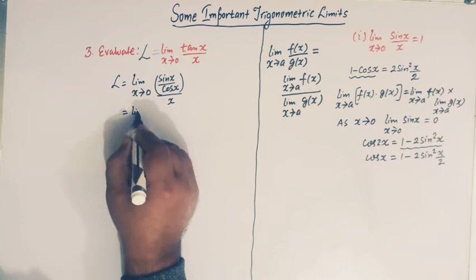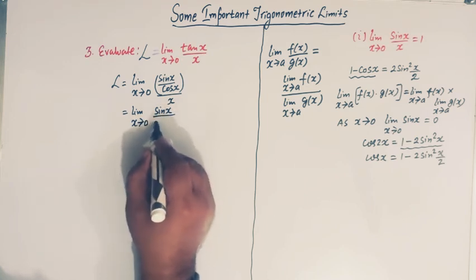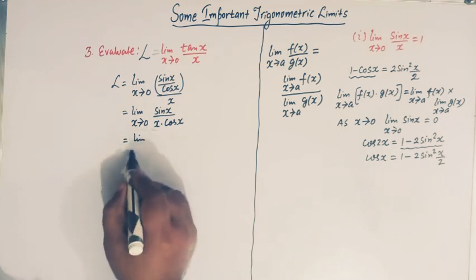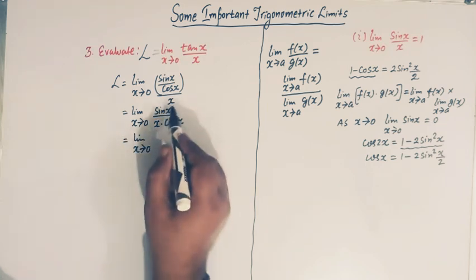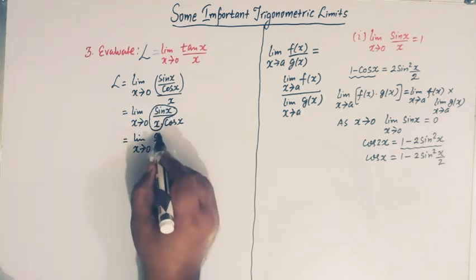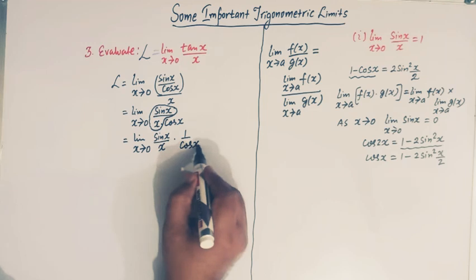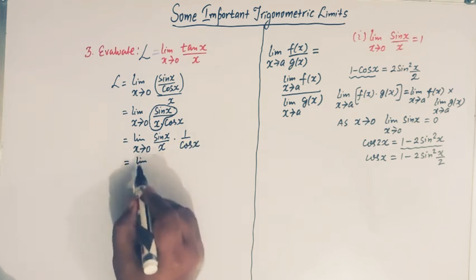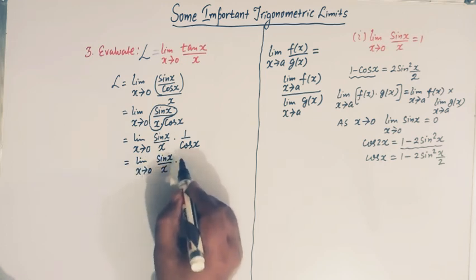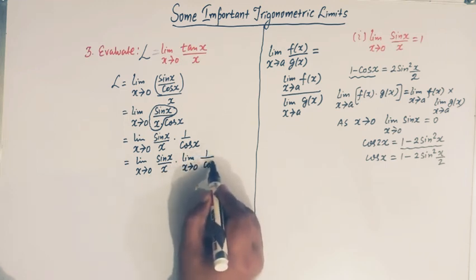So now this can be written as limit x tends to 0 sin x divided by x times cos x, right? Now this can further be written as limit x tends to 0. Now we can take this sin x over x as one term, right? So here we have sin x over x times 1 over cos x. Now this can be written as limit x tends to 0 sin x divided by x times limit x tends to 0 1 over cos x.